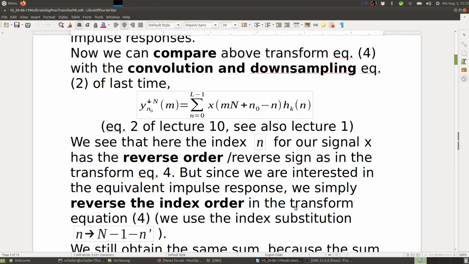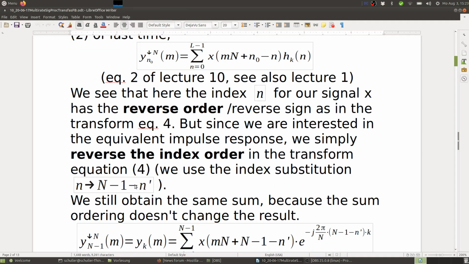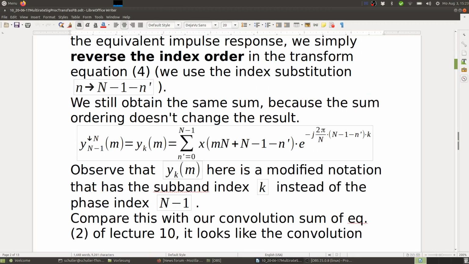And this is actually what we'll see in a few lines later. We see here that the index has this reverse order, but since we are interested in the equivalent impulse response, we simply reverse the index order in the transform equation 4 with index substitution. n is replaced by N minus 1 minus n prime. So then basically we can fix this index reversal. Now we have this going over n prime, and instead of plus lowercase n, we have plus N minus 1 minus n prime.